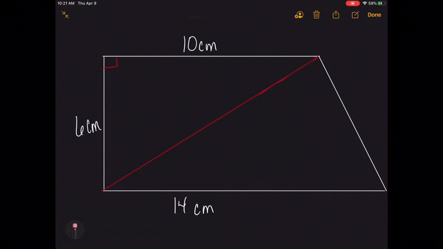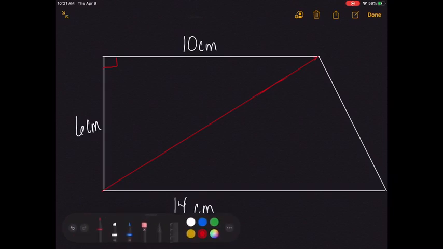So remember what the formula is for the area of a triangle. Area of a triangle equals base times height divided by 2.